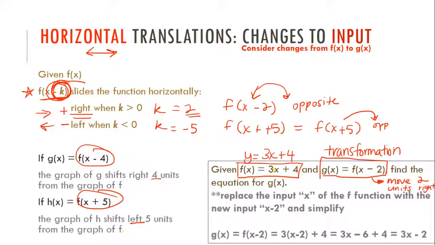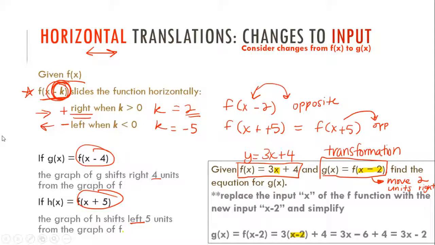We replace our x with the entire translated function here, this x minus 2. Notice in my equation I have 3 times x. I'm going to take this x minus 2 and plug it in where I have this x. So here I've got 3 times x minus 2. I've just picked up what my translation is.